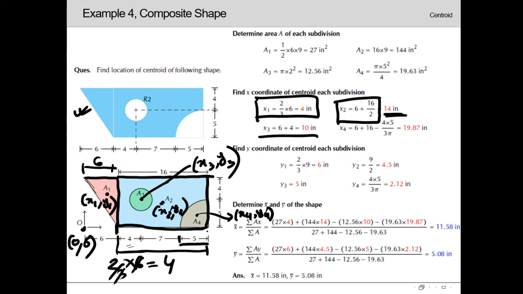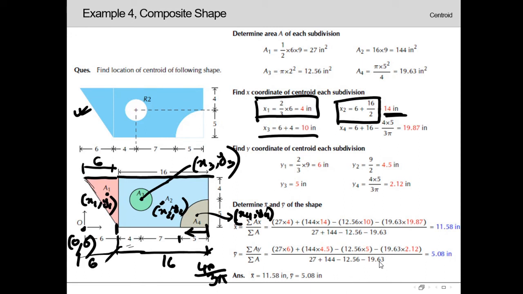While we are considering from here to here, that means in this direction, we know the formula is 4r by 3 pi. So in total, the x4 value will be 6 plus 16 minus 4r by 3 pi. Then we will be able to reach this point. 6 plus 16 minus 4r by 3 pi is almost about 19.87. So we have got the values of x1, x2, x3 and x4.